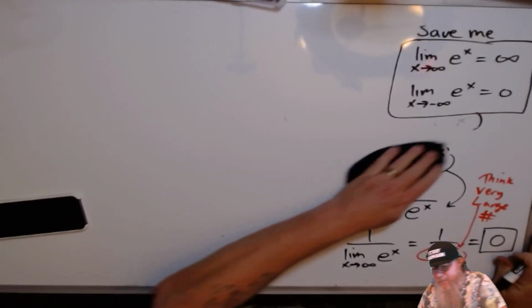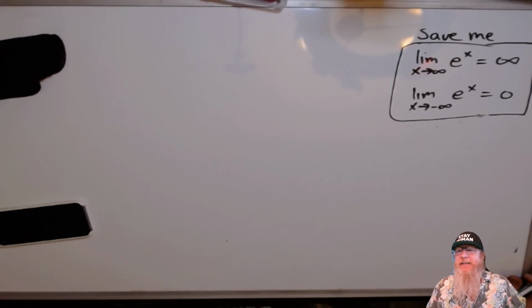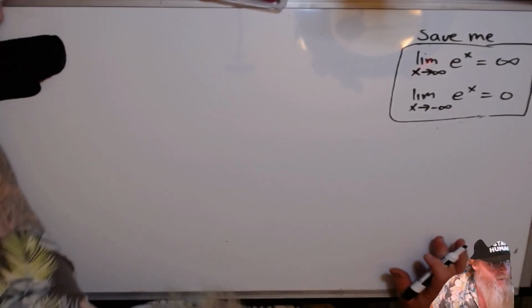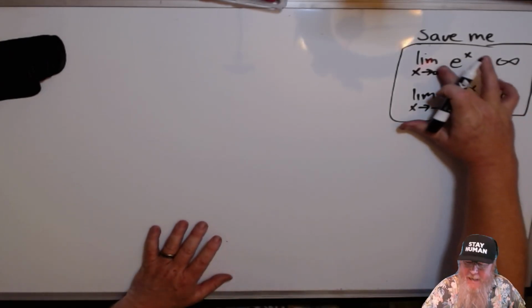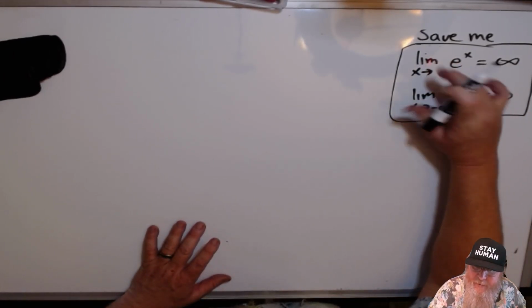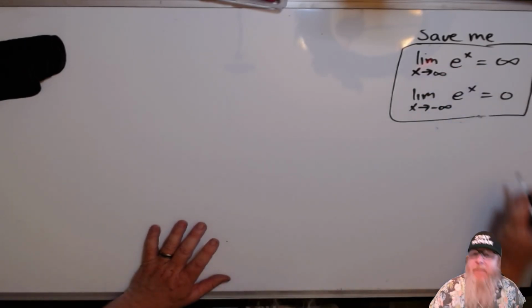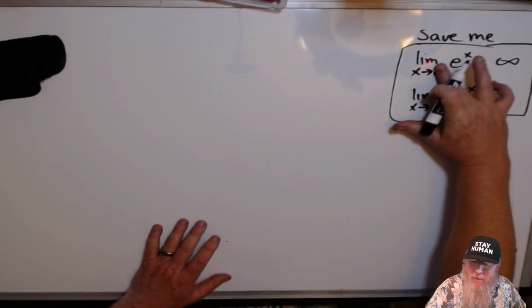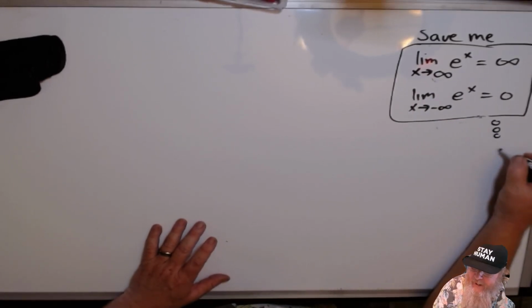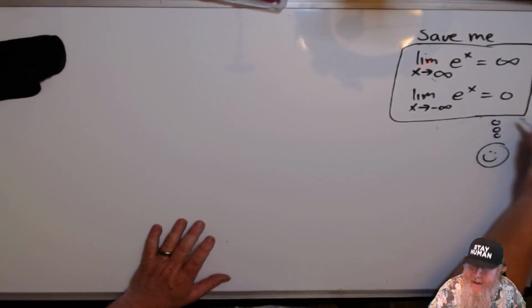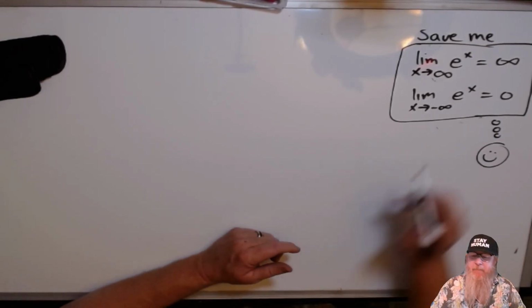Now, this is the wonderful thing about this particular section. It takes a lot of definition and things like that to get into the content, but once you have these two limits, we can just keep using them over and over again, and at some point we're just going to memorize them, and this will become one of those brain clouds, but for now it's a box, and I'm saying save me for now.